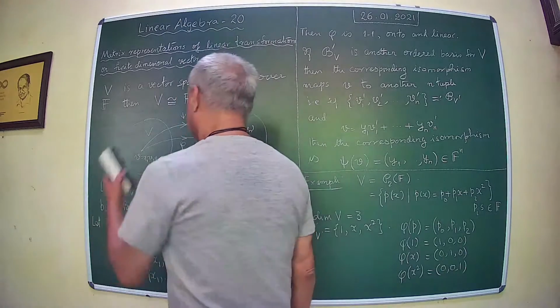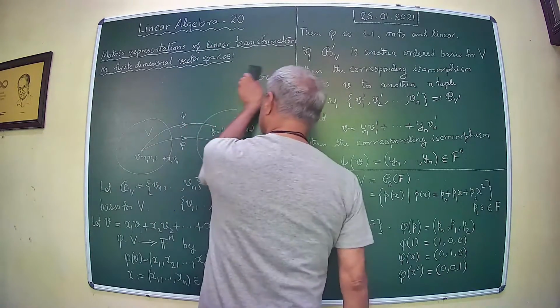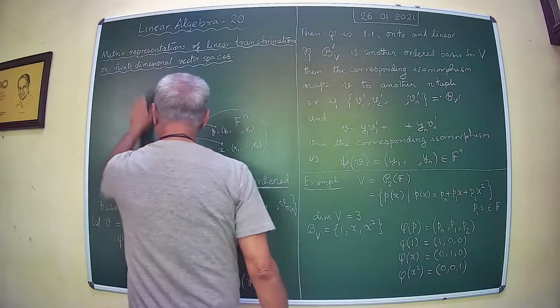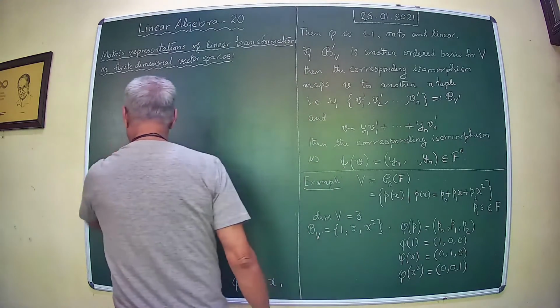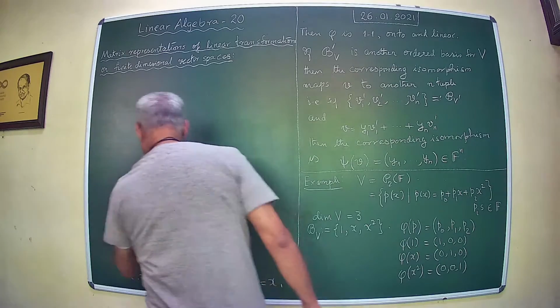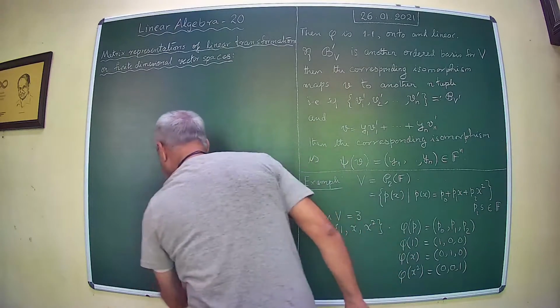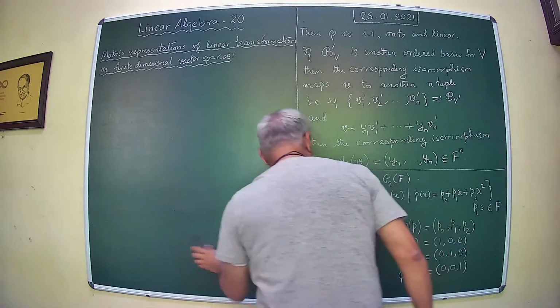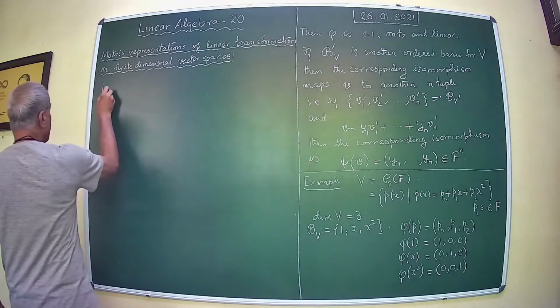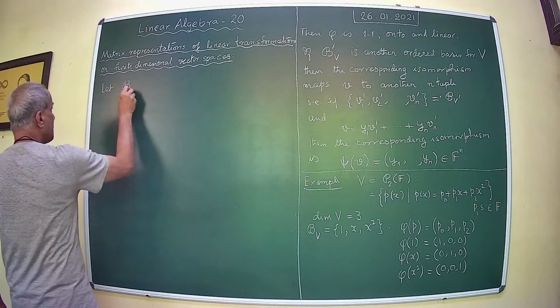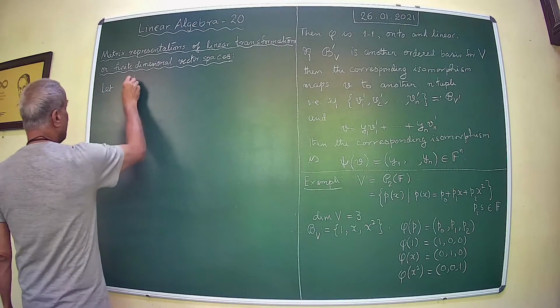But if you consider the same vector space, we can choose another ordered basis. So let B prime be 1, 1 plus t, 1 minus t.